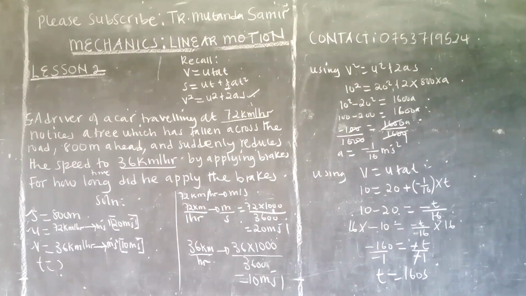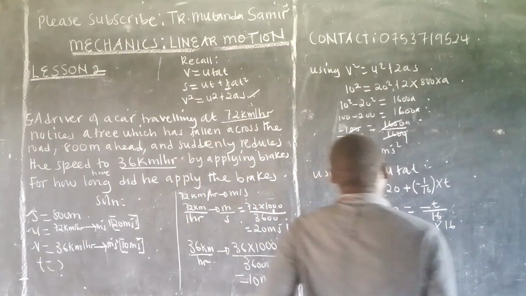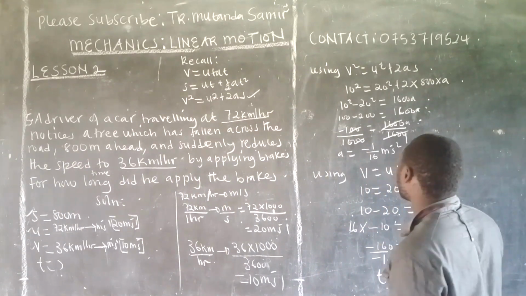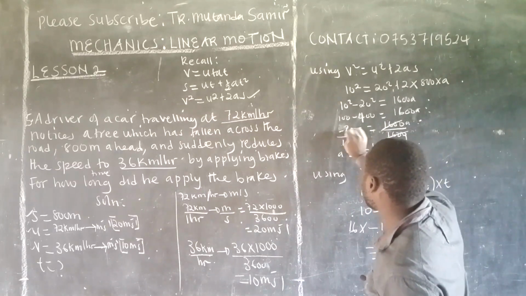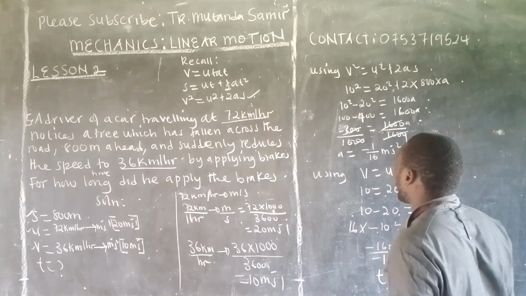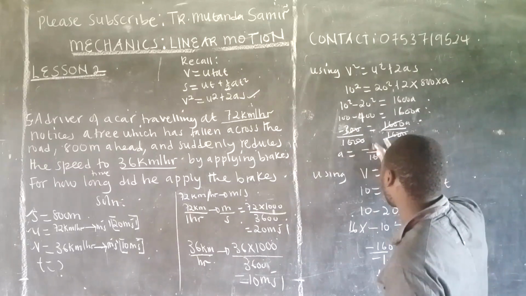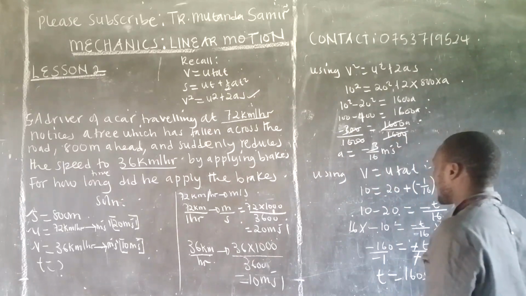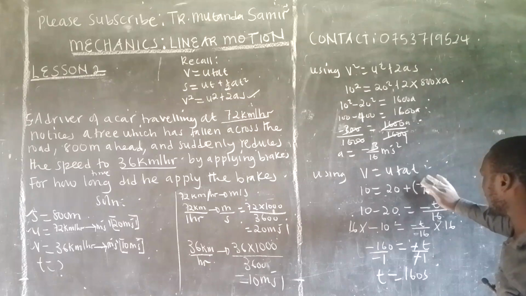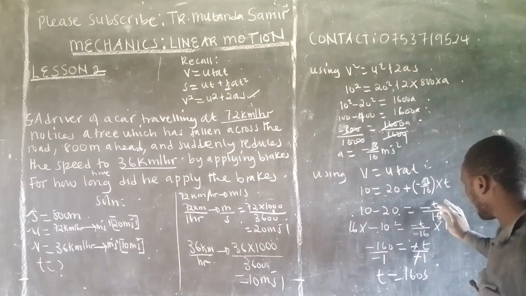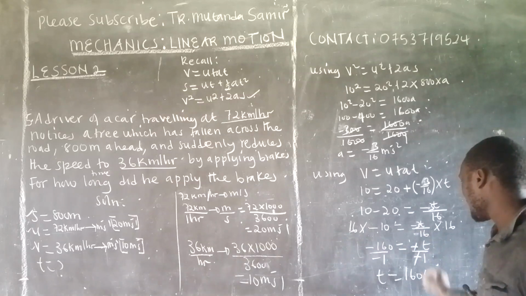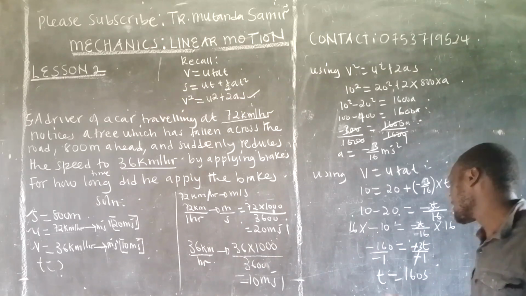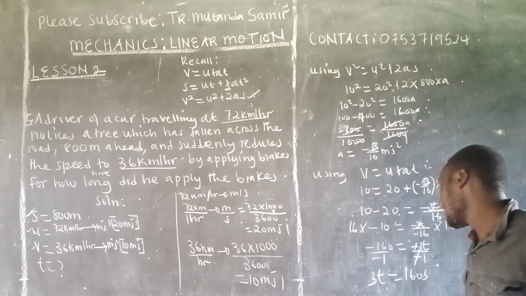Oh, by the way, there's some reshuffle which is meant to be done here. You realize that here this is an error. You see that 20 squared is not 200, it's 400. So that means that here we shall have negative 300 over that. So now this one will be negative 3 over 16. So even here we shall put negative 3T over 16, just that edit, negative 3T. So you shall have 3T is equal to 160.